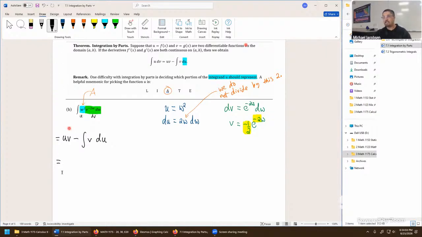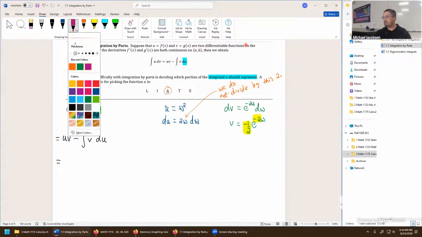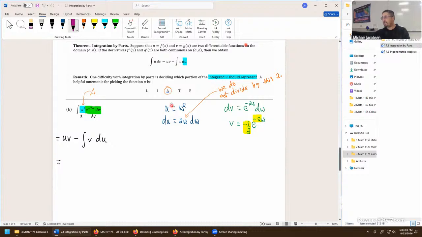So instead of color coding it, here's another way to help your eyes to show what goes where. It's a kind of game that you play on this table. You take the main diagonal and just multiply them together. You're taking u times v, so whatever is here for u, whatever is here for v, just multiply them together, and that's the first portion, uv.